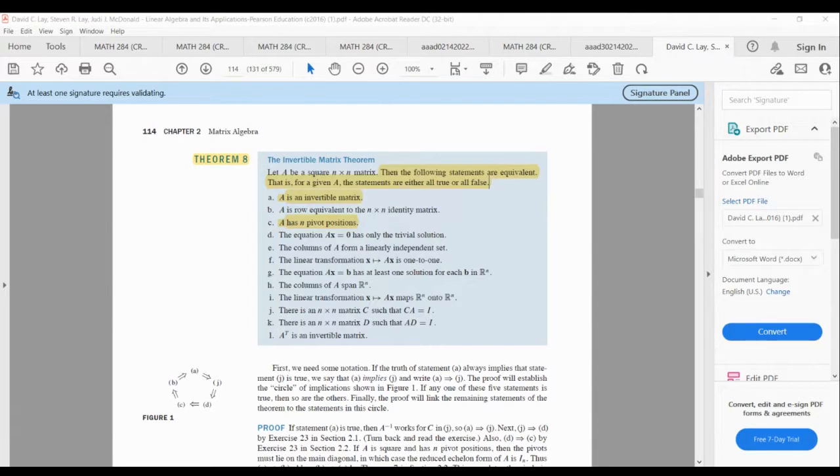But if the matrix A is not an invertible matrix, then the matrix A would not have n pivot positions.